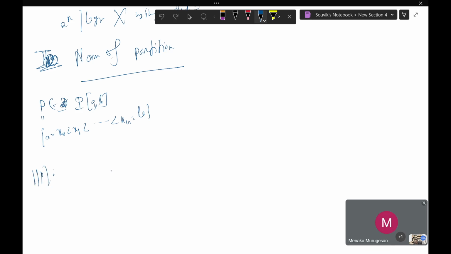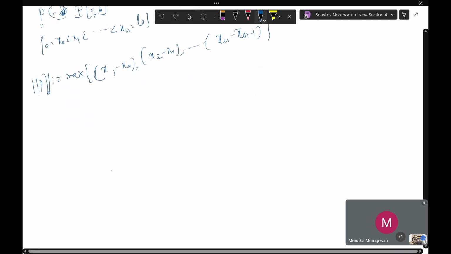Then the norm of P is defined as the maximum of x1 minus x0, x2 minus x1, up to xn minus x_{n-1}. So you know the norm of a partition. Now we have the following theorem.